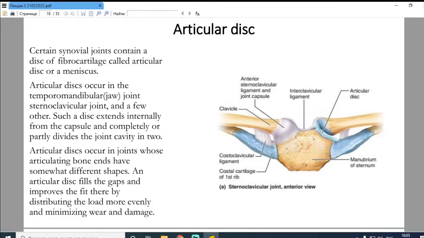An articular disc fills the gaps and improves the fit, thereby distributing the load more evenly and minimizing wear and damage. This is the sternoclavicular joint, with the anterior sternoclavicular ligament and the joint capsule.